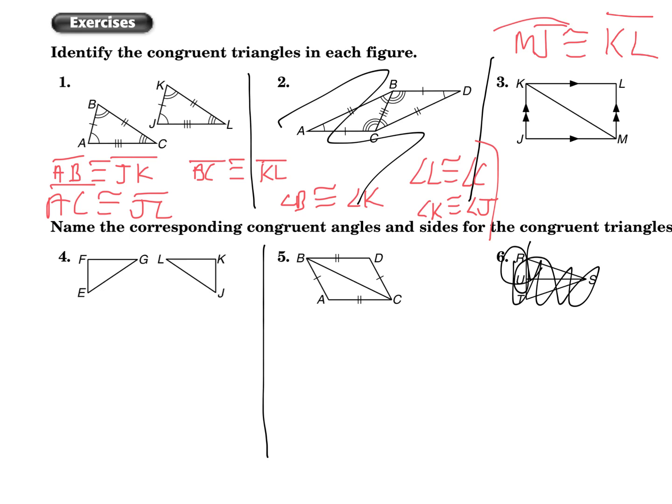Okay, so next we see that these two sides have the same amount of little parallel markers. So because of that, we know side JK is congruent to side LM.